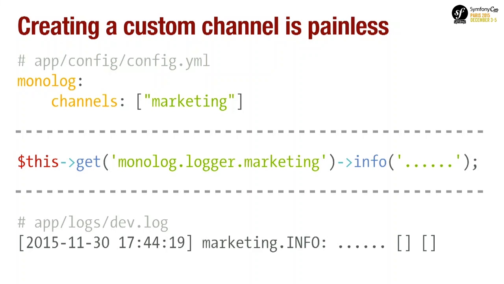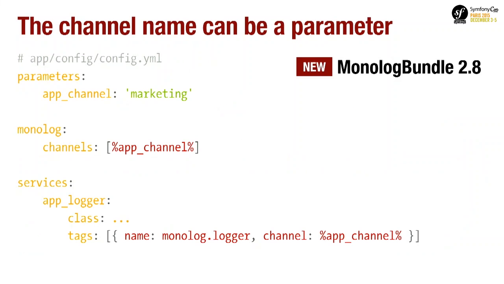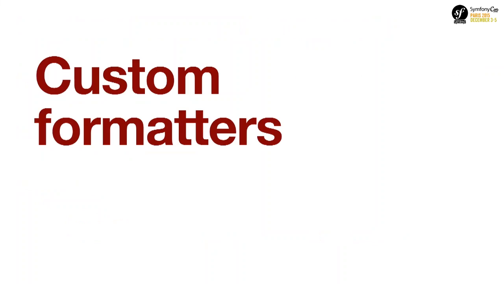And then you'll see the message in the default log file, but you can process those logs differently, or you can save in a different file, or you can do whatever you want. Is that easy? That's easy. And in the latest version, you can even use container parameters for the channel name. So, well, minor but nice addition.